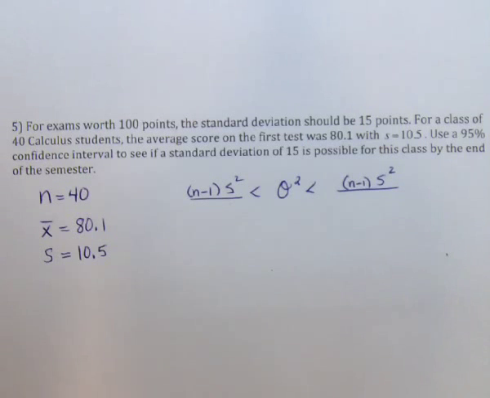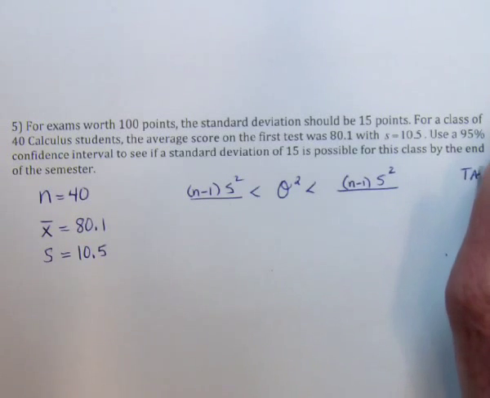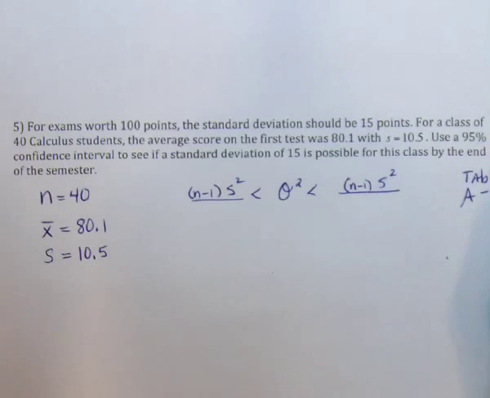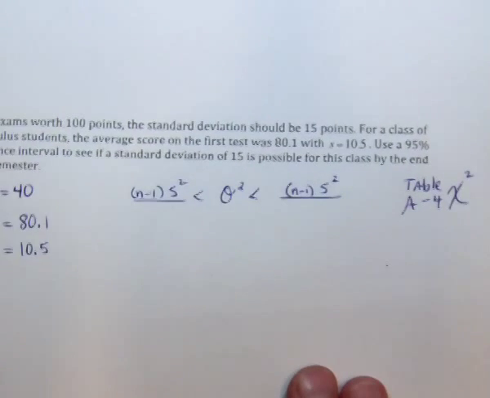Then we're going to use table A4. What an exciting day, a new table. Woo! We're going to use table A4, which is called the chi-squared distribution.